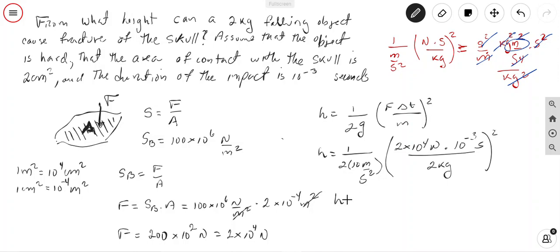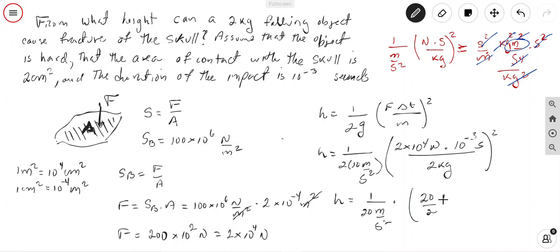So you have now h equal to 1 over 2 times 10, which is 20 meters per second squared, times 2 times 10 to the 4 times 10 to the negative 3, that is 2 times 10, which would be 20, over 2.